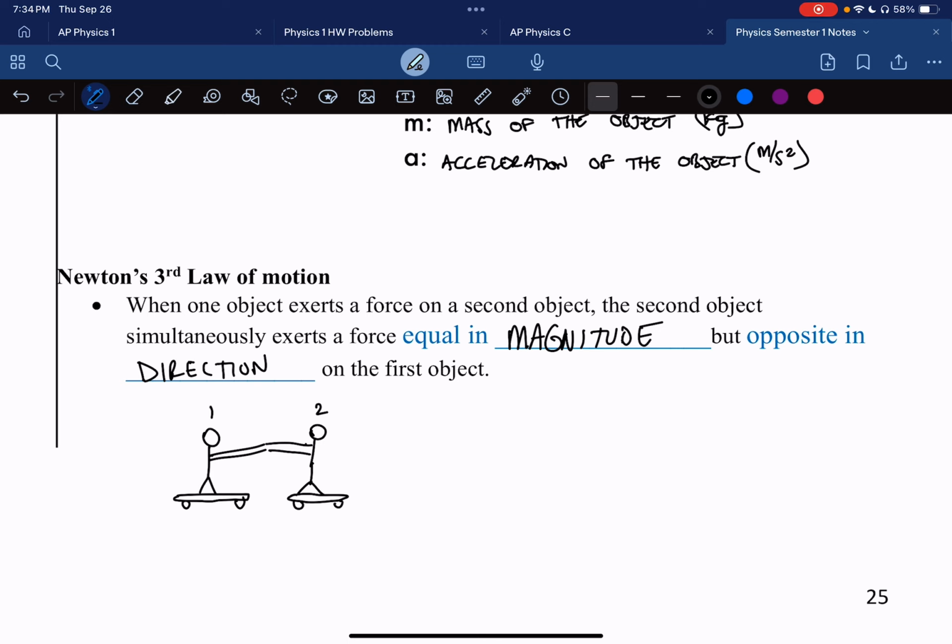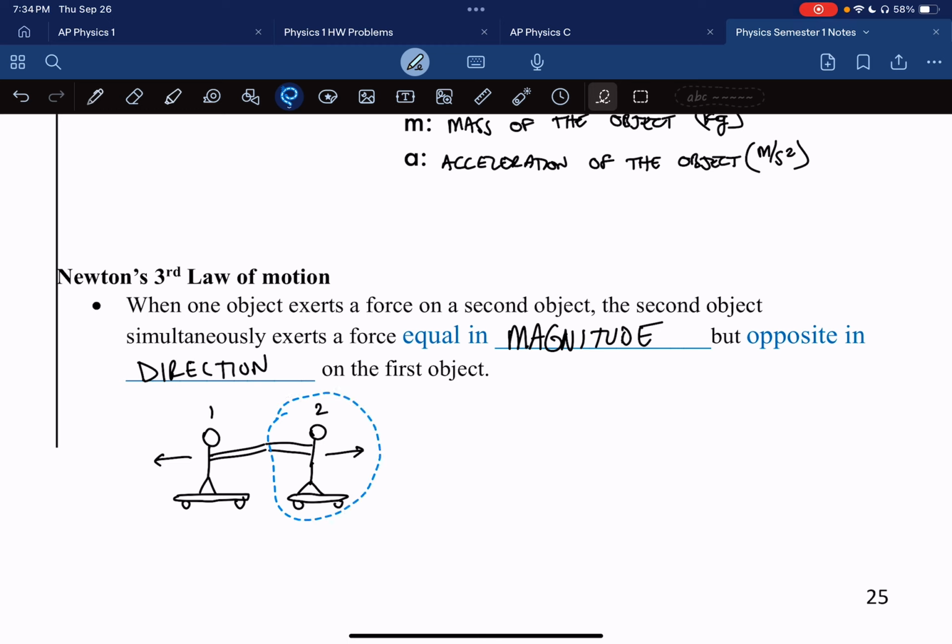When person one pushes on the second one, the second one simultaneously pushes back on the first one with the same amount of force, but in the opposite direction. So person one pushes person two this way, person two pushes person one that way. And of course, these two people will separate.